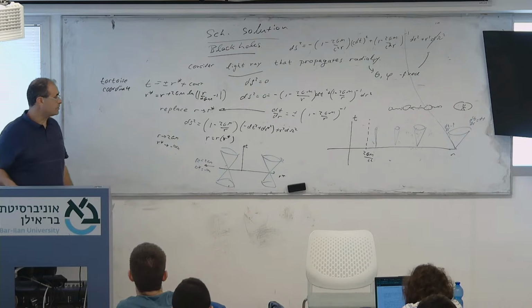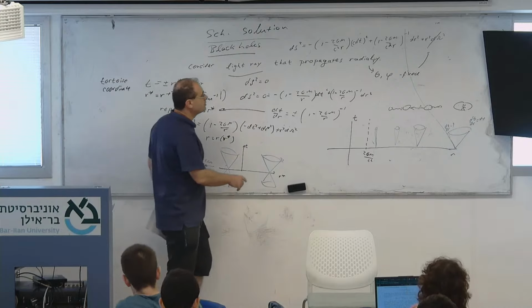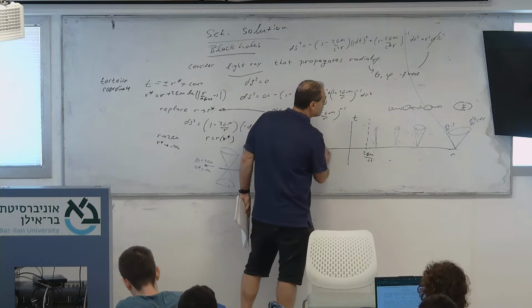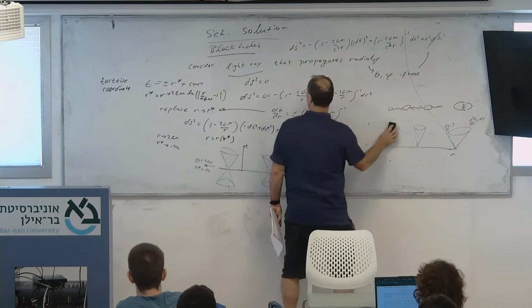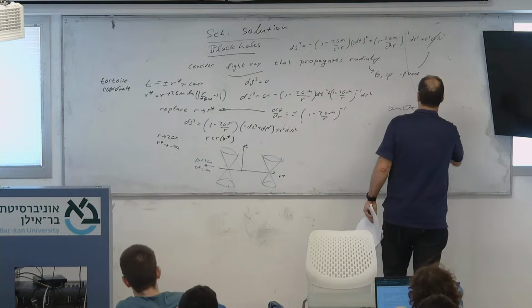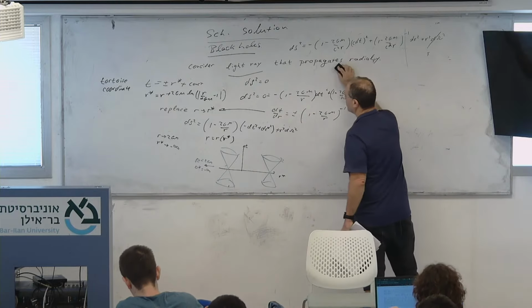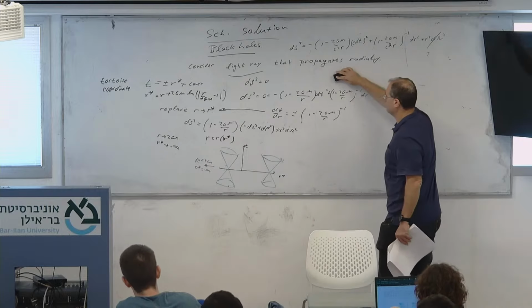Okay, so that was the first step. We did something. Now let's move on to the next step. The next step is to again redefine the coordinates. So what should I do now?